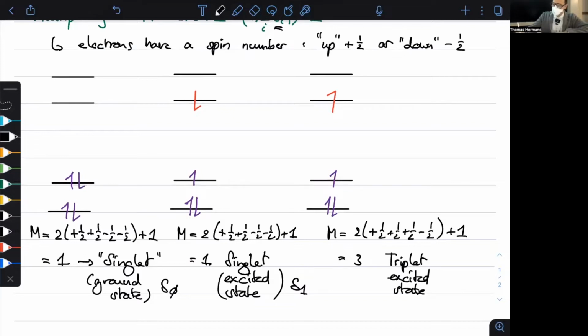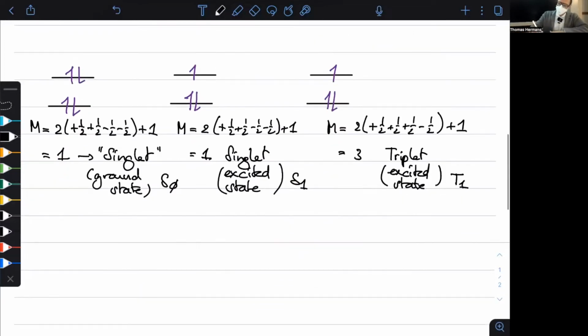The lowest one would be T1. So most molecules have a singlet ground state.